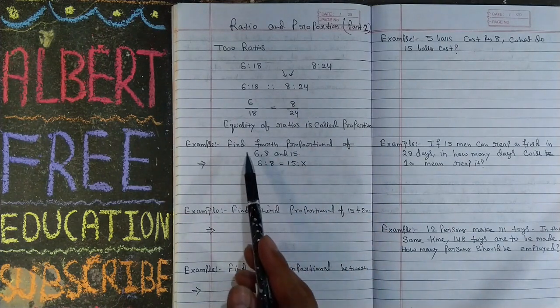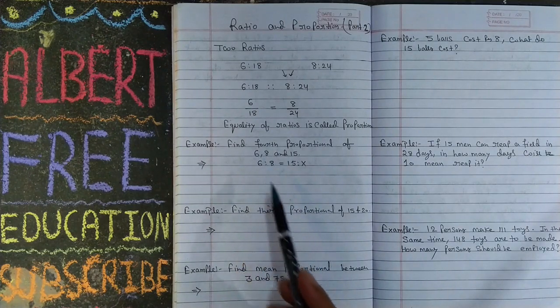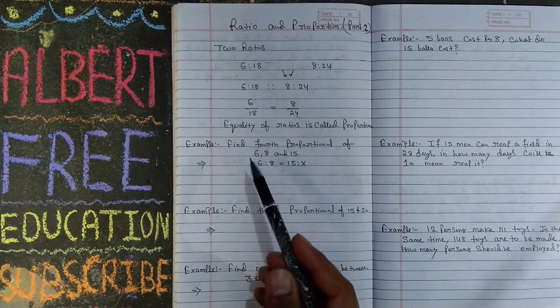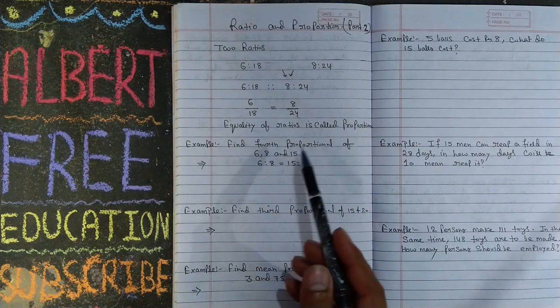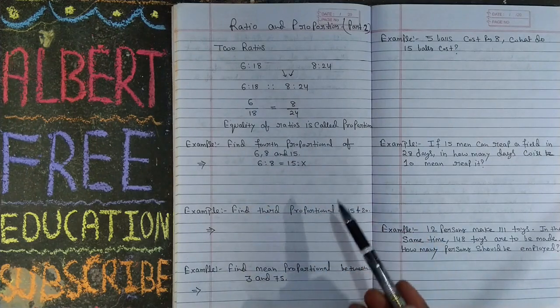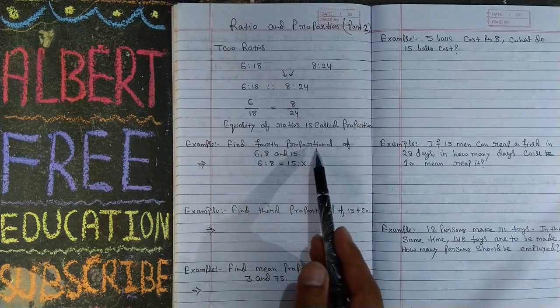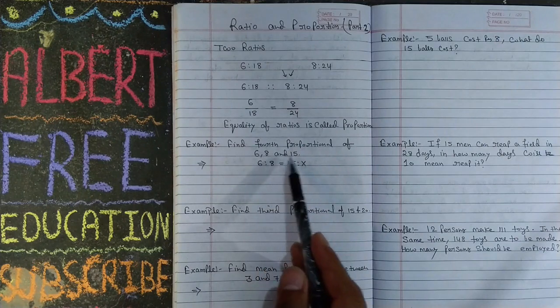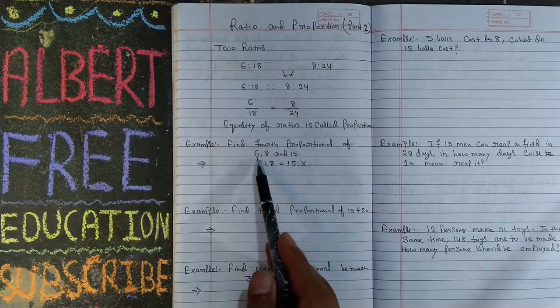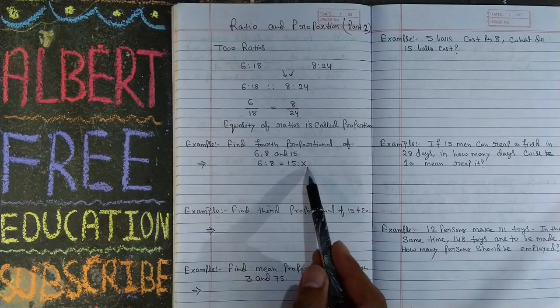Now in your exam or in your class, if you are in high school, 8th or 9th class, or preparing for an entrance exam, they ask this question: find the fourth proportional of 6, 8, 15. He has given you 3 values and he is asking for the fourth value.